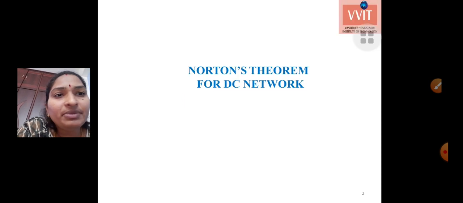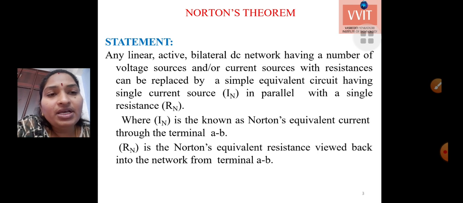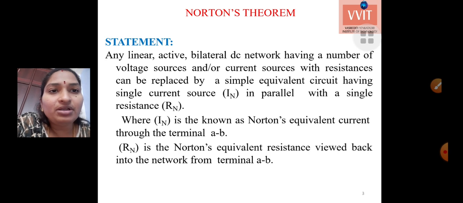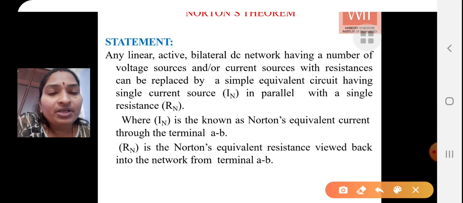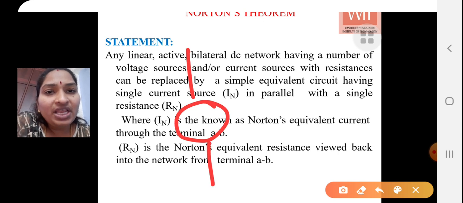Now let us see the statement of Norton's theorem. Norton's theorem states that any linear active bilateral DC network, which has several voltage and current sources with resistors, across any two terminals of the given network can be simplified into a simple equivalent network called Norton's equivalent circuit.